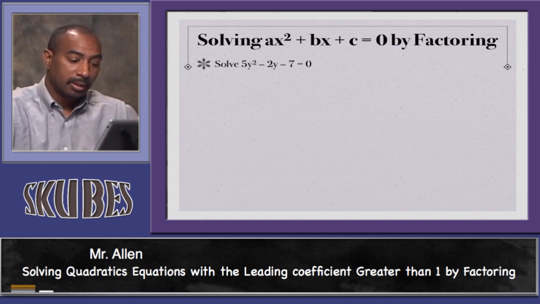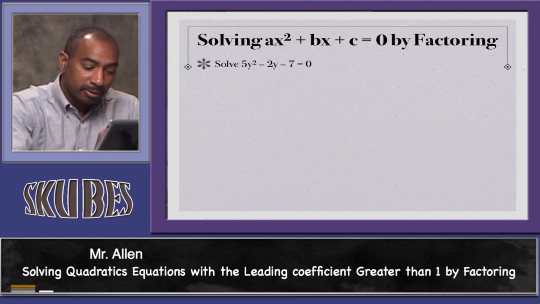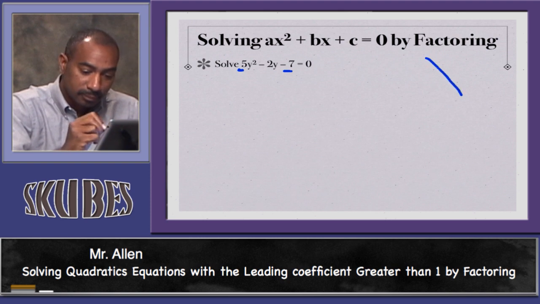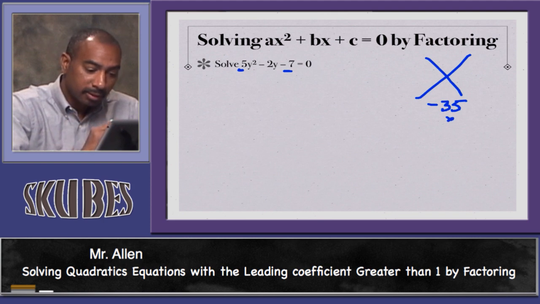All right, we're going to do the same thing. You're going to factor this. So 5 times negative 7, that gives you negative 35. And the middle term is negative 2.